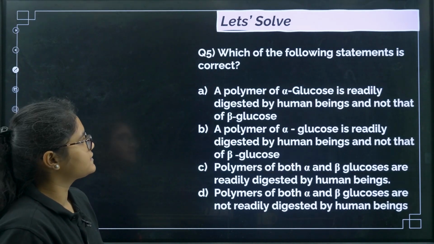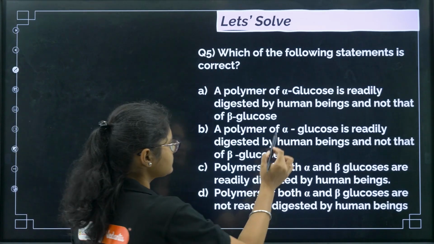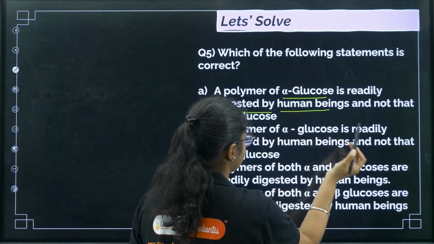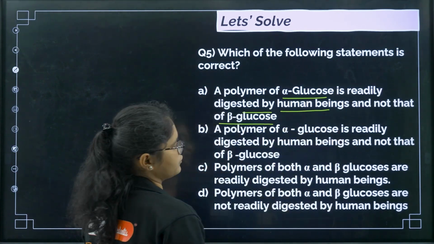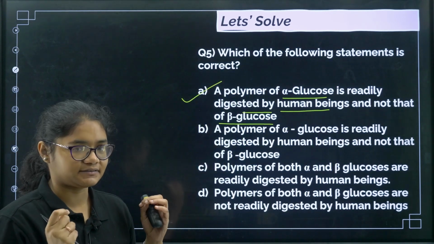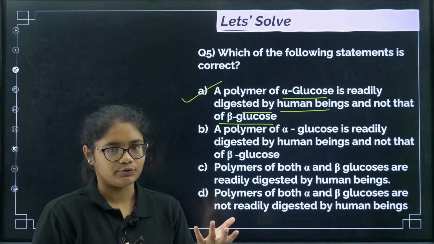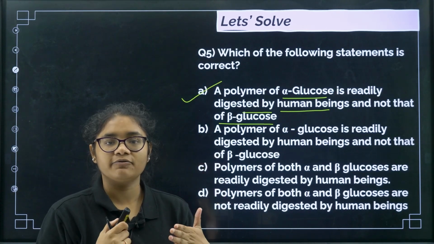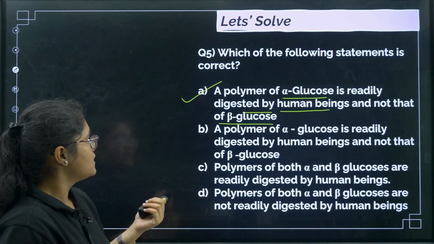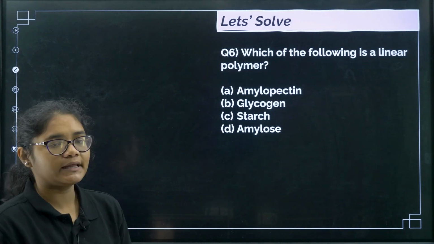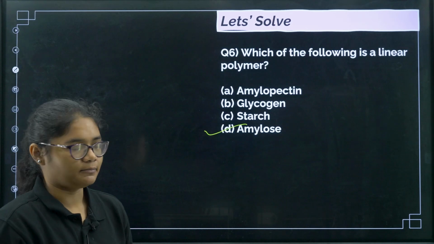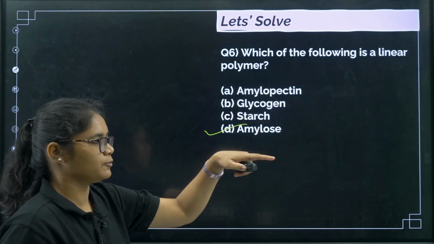Next, which of the following statements is correct? A polymer of alpha glucose is readily digested by human beings but not that of beta glucose. Yes, that is correct. Alpha glucose polymers can be digested, but we cannot digest cellulose, which is made up of beta glucose, so the correct answer is option A. Next, which of the following is a linear polymer? We have just discussed that amylose is a linear polymer, while amylopectin is a branched polymer.